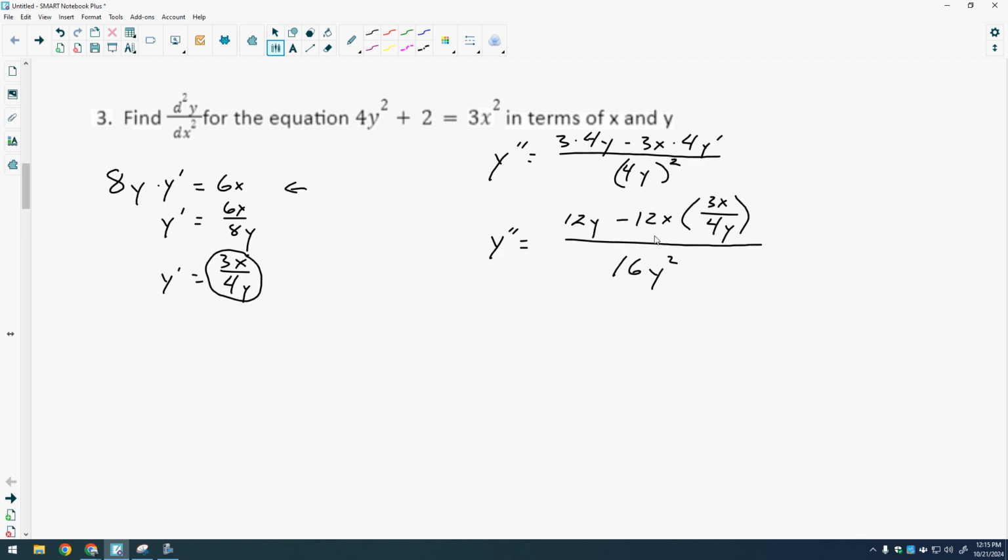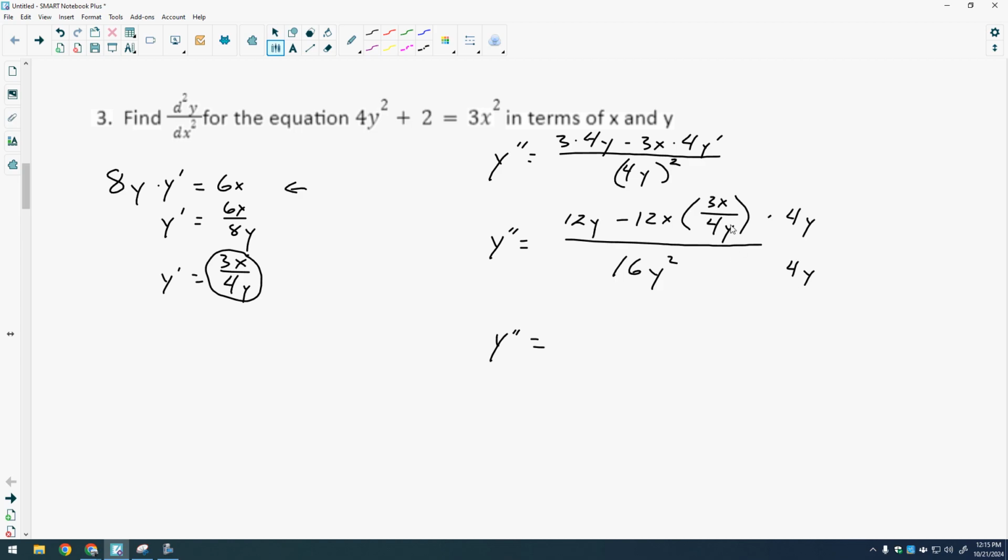If you got it to here, it's technically right, but they're not going to give you that option in a multiple choice. They're going to simplify that by multiplying top and bottom by the denominator of the fraction that's inside of the fraction.